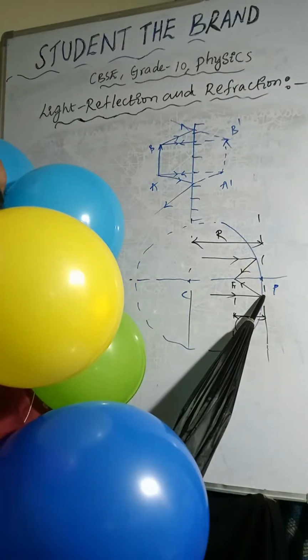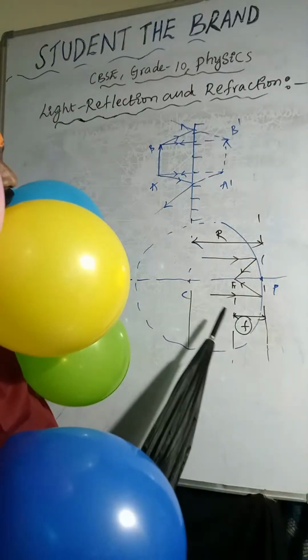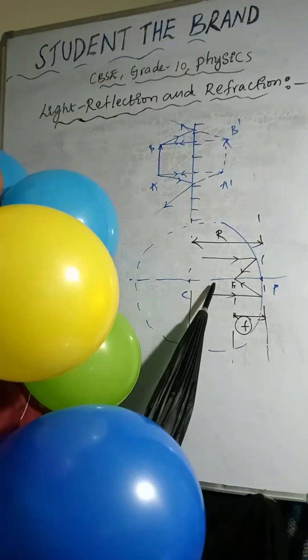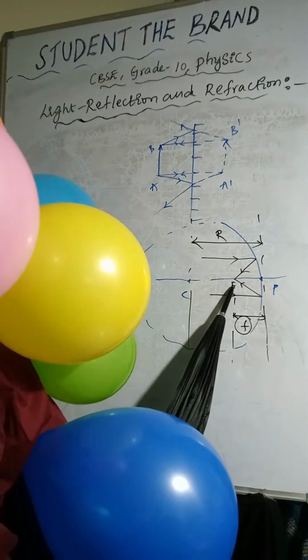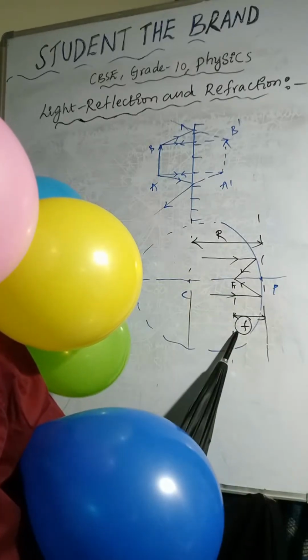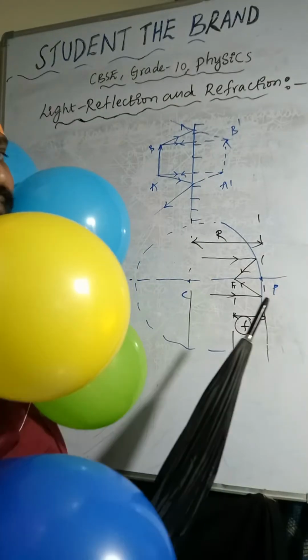The midpoint of the mirror is called the pole. The distance between the center of curvature and the pole is called the radius of curvature. After reflection, all light rays meeting at one point on the principal axis is called the focus. The distance between the focus and the pole is called focal length, and the distance between the center of curvature and the pole is called radius of curvature.